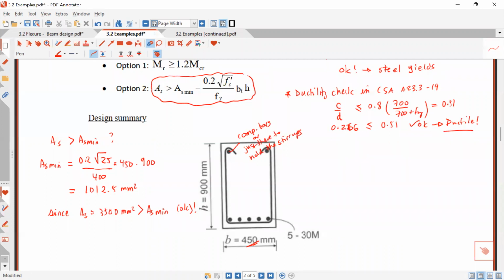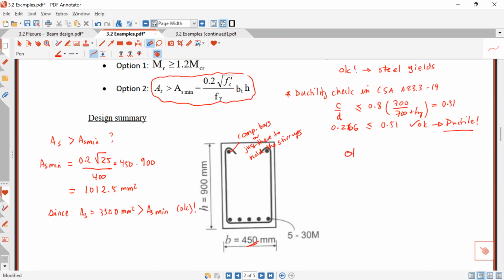Good question. These ones at the top are usually just small bars. They're not there to give me any moment resistance, so we usually ignore them. But you're going to see later, sometimes we put bars right there on the top for a specific reason, and then we need to account for them in design. It's called a double reinforced section, which we're going to see maybe next week. So good questions.